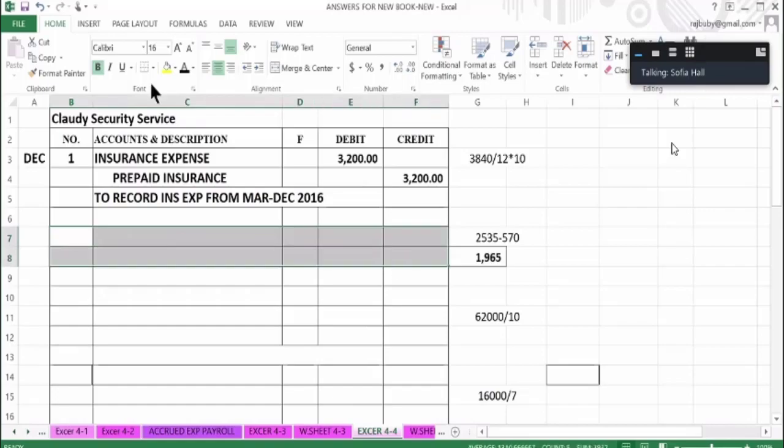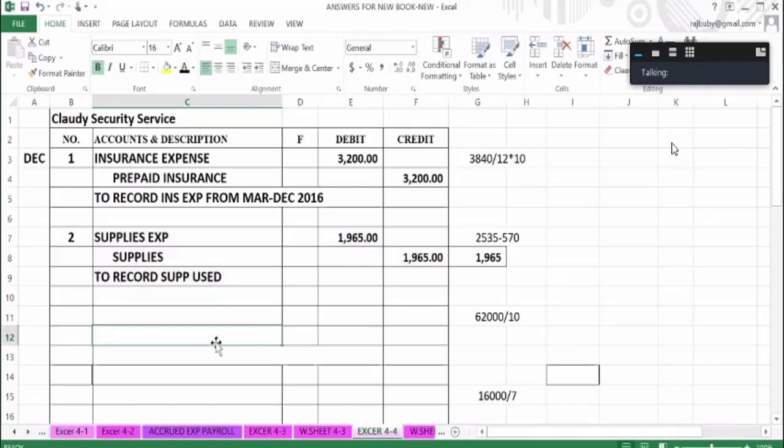Supplies expense and supplies. Yes, supplies, we have to credit supplies. And the expense we are going to show as a debit balance here. Yes, supplies expense debit.